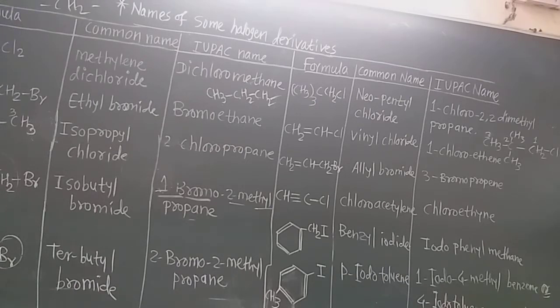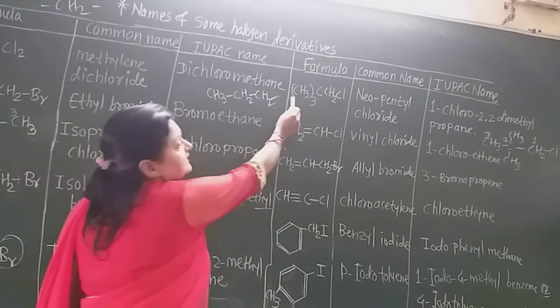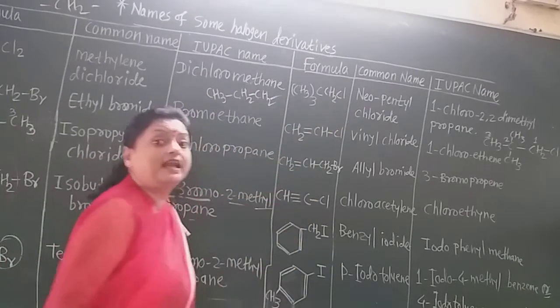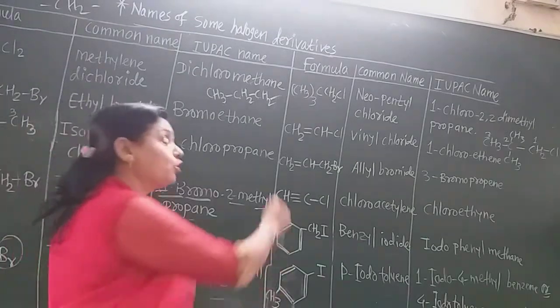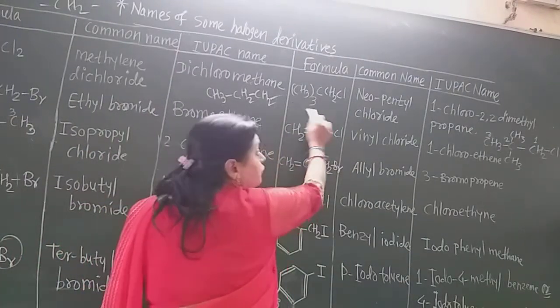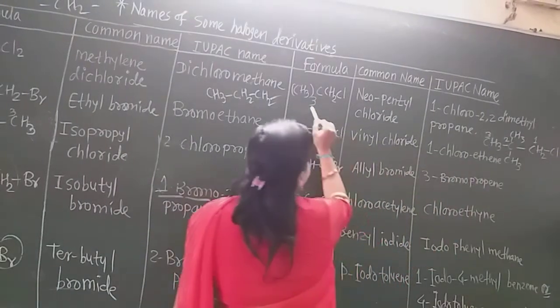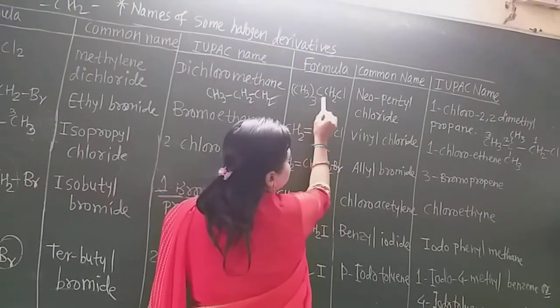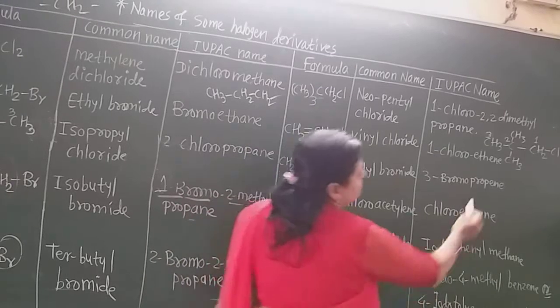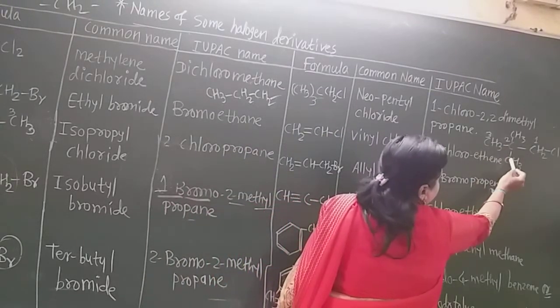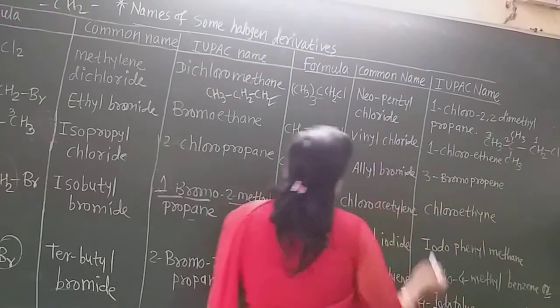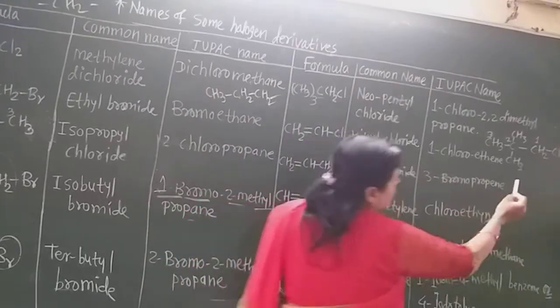Now let us see another halogen derivative. This is the formula: (CH3)3C CH2Cl. First you must draw this in this way. See, these 3 methyl groups are directly attached to this carbon, and there is CH2Cl.